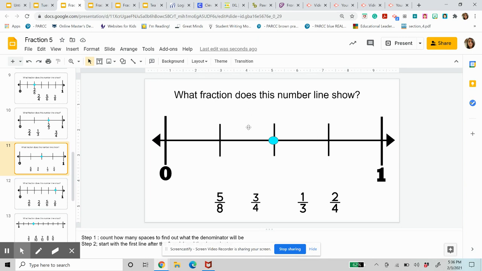So 1, 2, 3, 4. There's 4 sections. 1/4, 2/4. Okay, this would be 3/4 and 4/4. Okay, we're going to stop there. We're going to see how we're doing, answer any questions, and then we will continue from there.